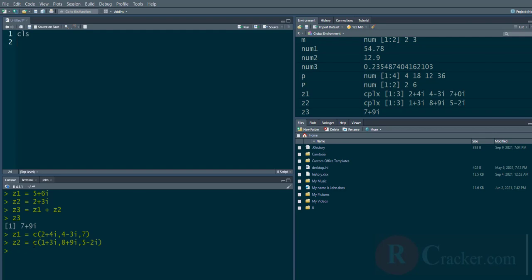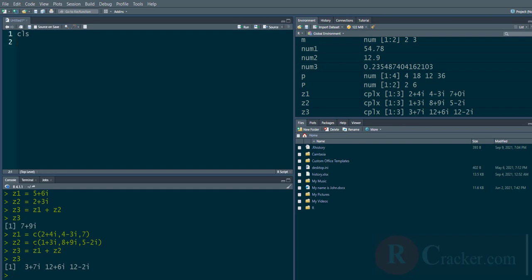Now let me just do this. Z3 is equal to Z1 plus Z2. You can now understand the power of our language, how it applies its intelligence to add real parts with real, imaginary parts with imaginary. Now if I say Z3, it will give me the three complex numbers.